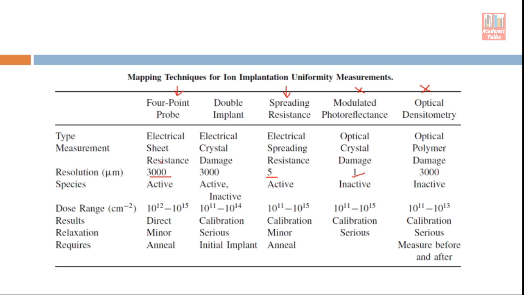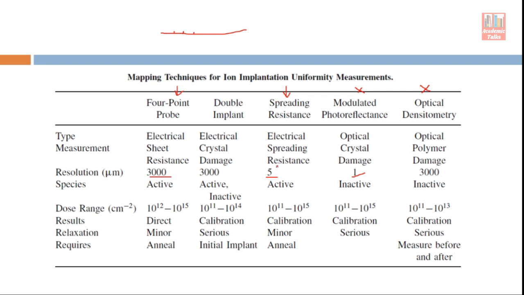So the four probe you know. Here you see resolution is 3000 micrometer and here resolution is 5 micrometer. It means you can repeat this measurement, or get data, at a gap of 3000 micrometer. If you have a sample like this, you have one data here, one data here, one data here. So the four probe has the flexibility that you can get data at a distance of 3000 micrometer.